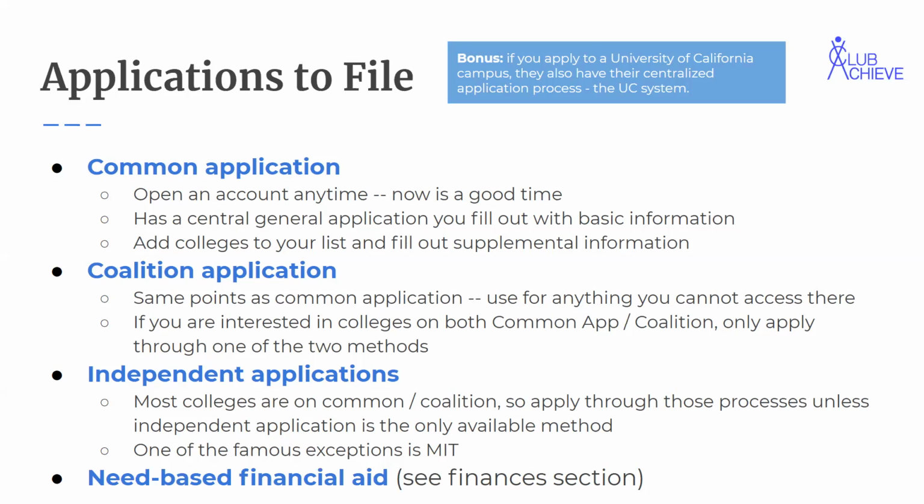This essay allows colleges to understand more about who you are as a person, because the rest of the application is really focused on your background and a lot of numbers and general information, so they don't get to know you until that point. That's also a huge component we'll be talking about later.